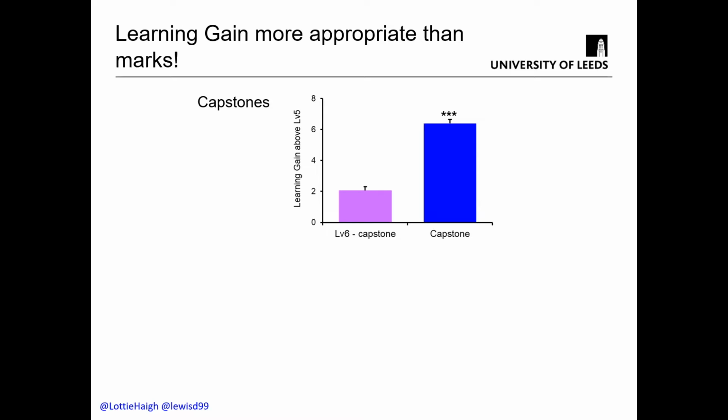If we look at learning gain from capstones alone, it's 3 times as much. Again, this really sings to what we want to achieve with a capstone, where they're applying knowledge, skills and understanding from early years to a problem. They're really gaining that understanding.